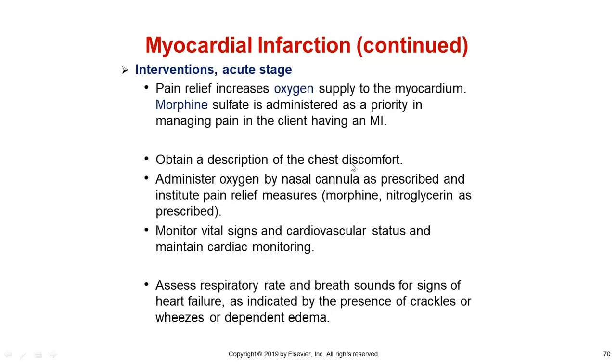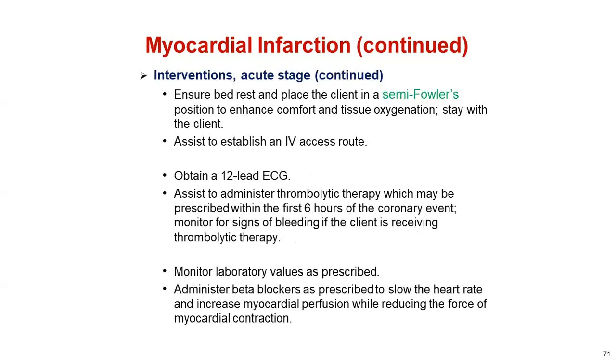Administer oxygen by nasal cannula, monitor vital signs, and also assess the respiratory rate and depth to evaluate for heart failure, right? So if the patient has heart failure, we should evaluate by signs and symptoms or enzyme changes or any other laboratory findings.